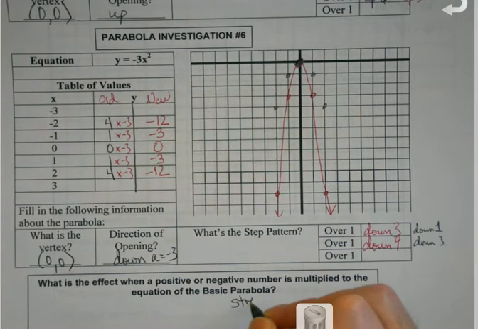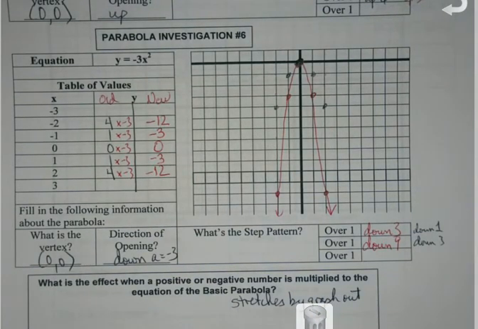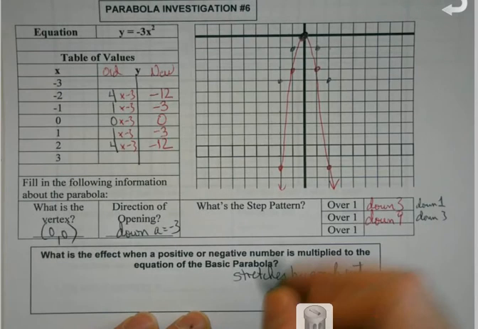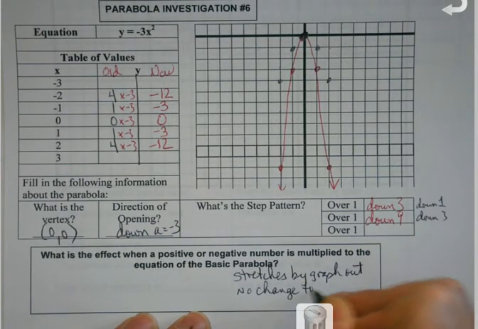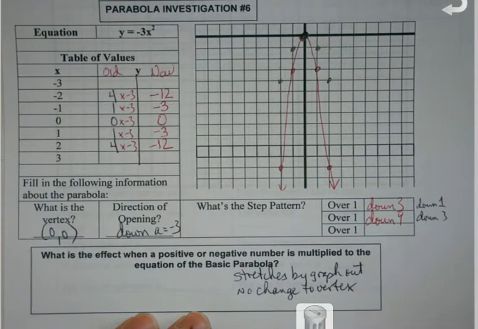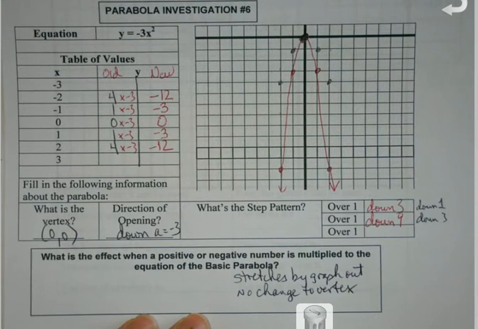Well, it stretches my graph out, because you notice it's getting kind of skinnier than it was before. But it has no change to my vertex at all. My vertex stayed at 0, 0. I didn't move left or right or up or down. So none of those things changed. Just stretched my graph out a bit and made it look a little bit skinnier, actually.